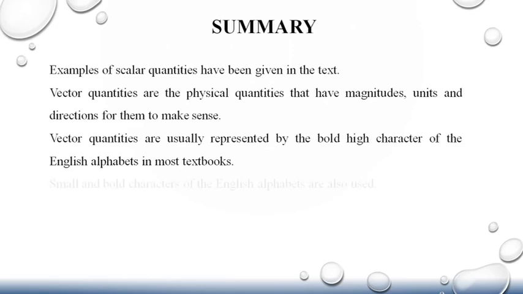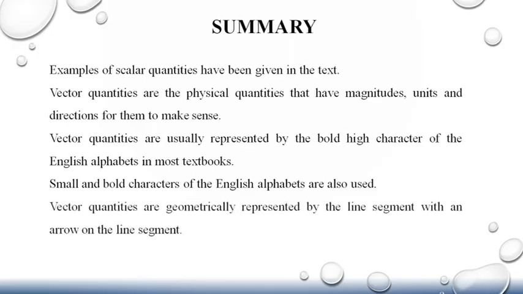Small and bold characters of the English alphabet are also used. Vector quantities are geometrically represented by a line segment with an arrow on the line segment. Examples of vector quantities have been given in the text.